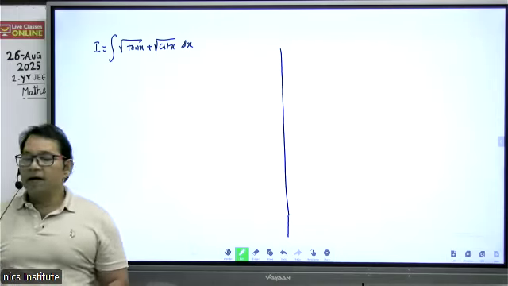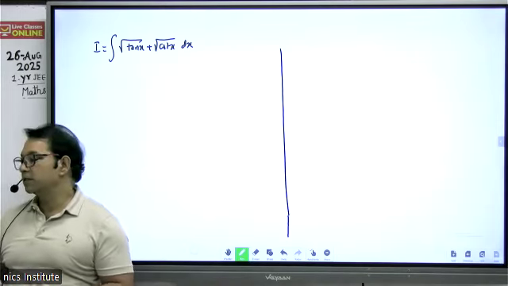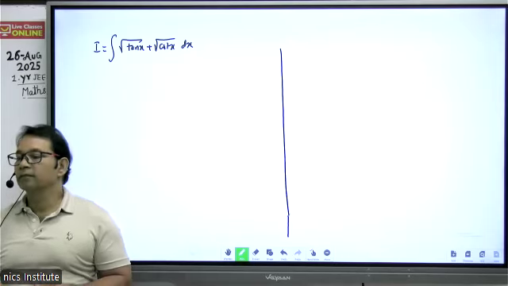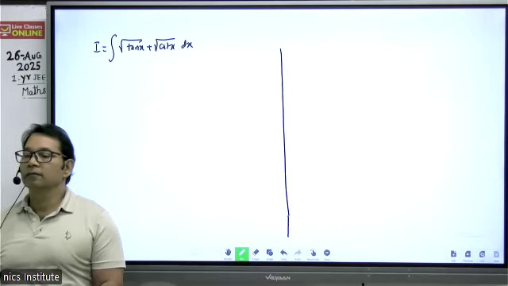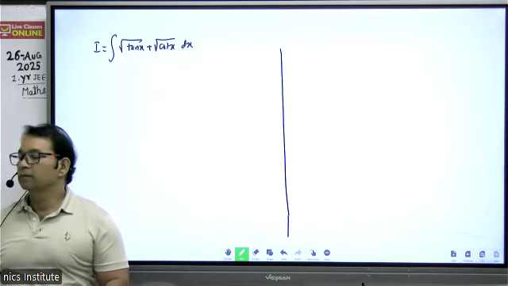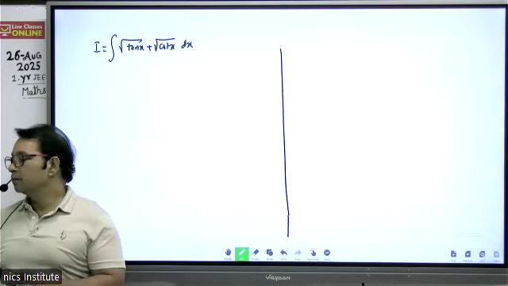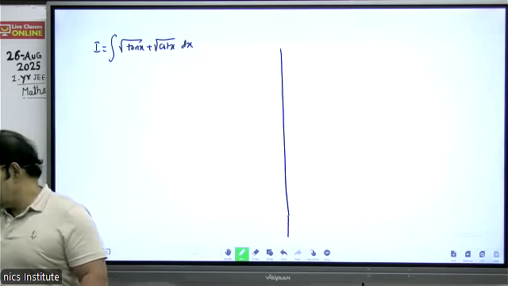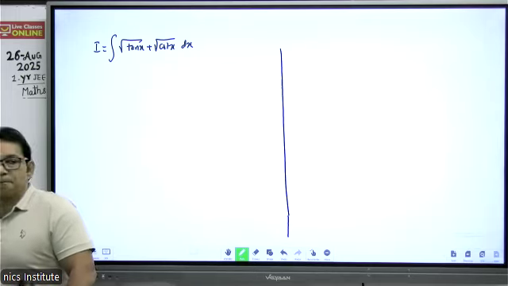Convert tan and cot into sin cos, take LCM, substitute and answer.